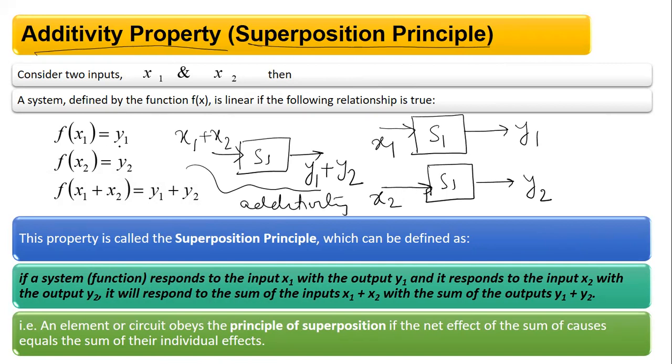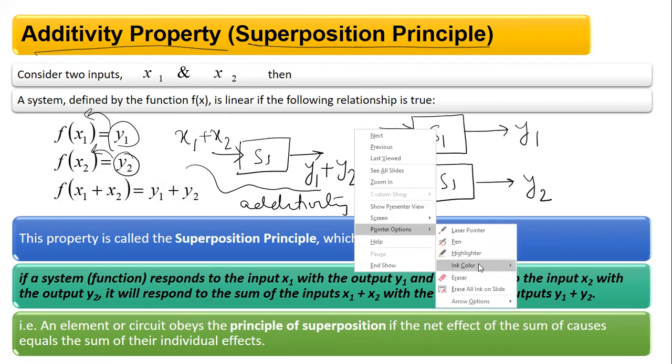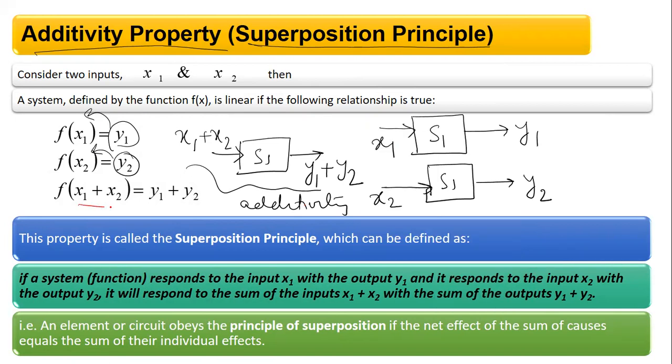Right? So if y1 is the function of x1, y2 is the function of x2, then the sum of these two inputs shall yield the sum of the responses, right?